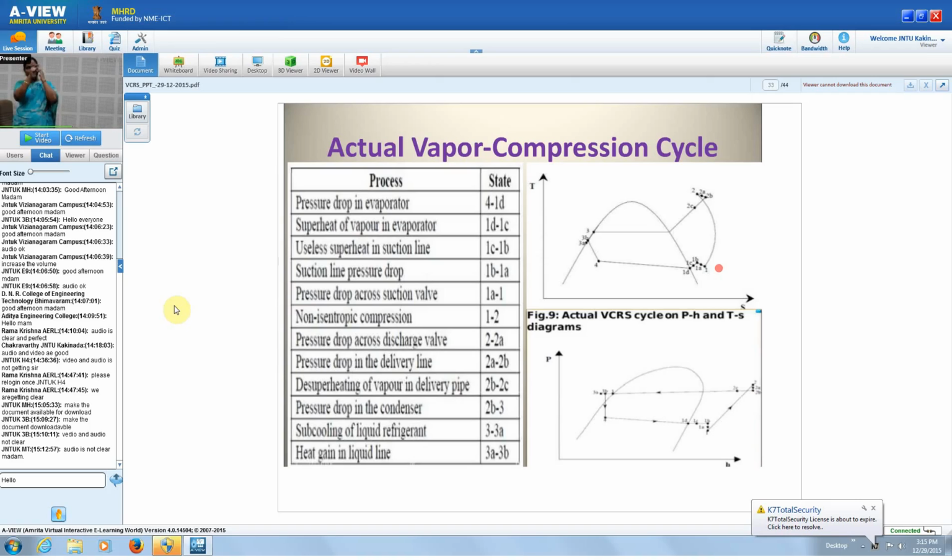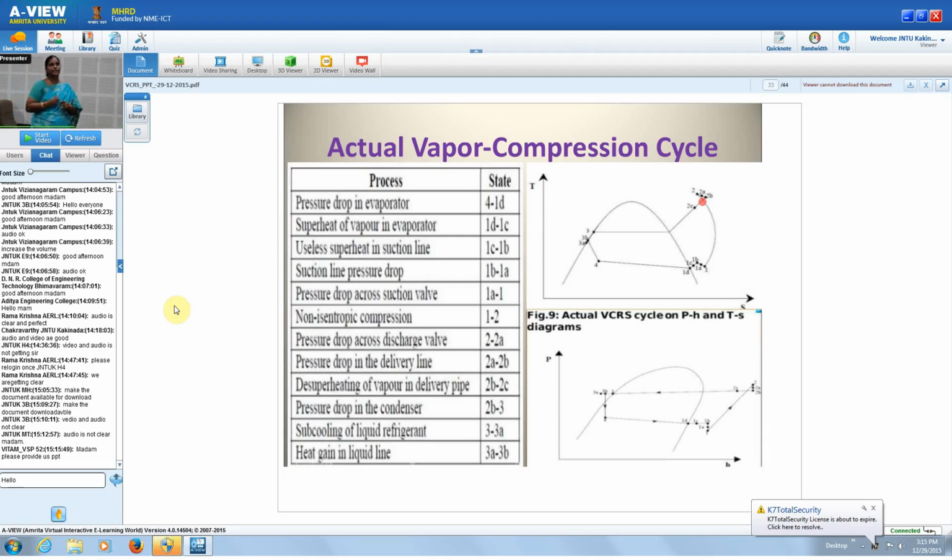The refrigerant is compressed in the compressor, so it will come to 2. So 1 to 2 is not isentropic, but polytropic compression. Then from 2 to 2A, there is a pressure drop due to the discharge valve. So 2 to 2A is nothing but the pressure drop across the discharge valve.